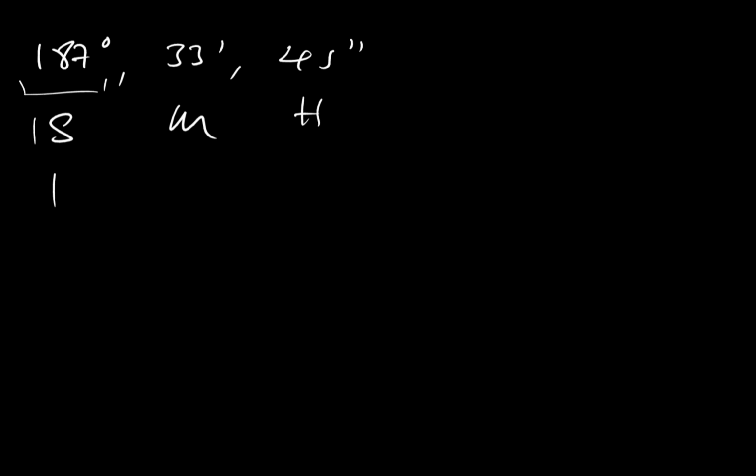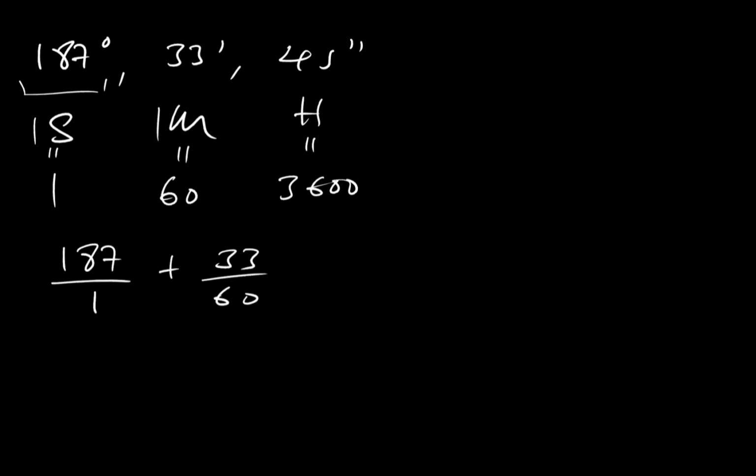How many seconds do I have in 1 minute? Here I have 60 seconds. And how many seconds do I have in 1 hour? That would be 3,600. So what you're going to do is sum this up: 187 divided by 1 plus 33 divided by 60 plus 45 divided by 3,600.